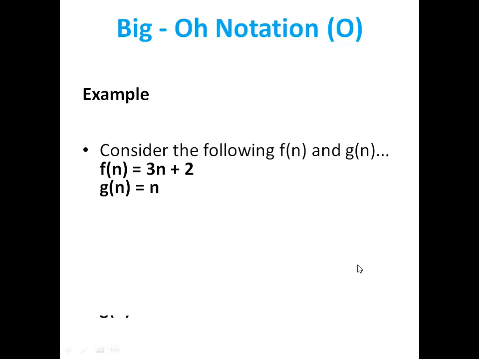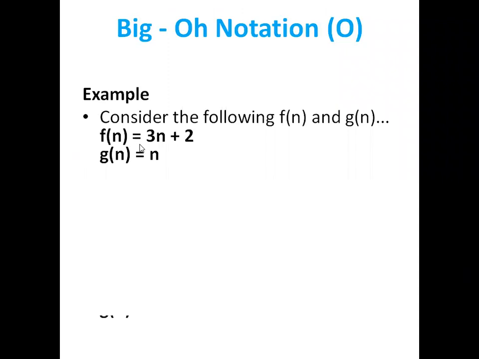So we have seen two examples. Out of them, in this example we have taken f of n as 3n plus 2, and g of n is equal to, suppose, 4n.